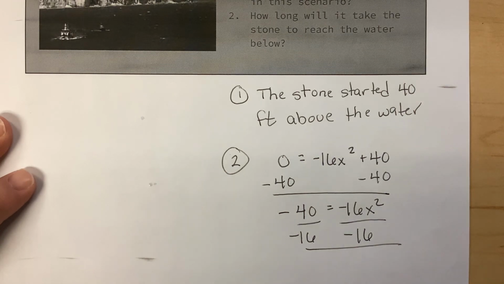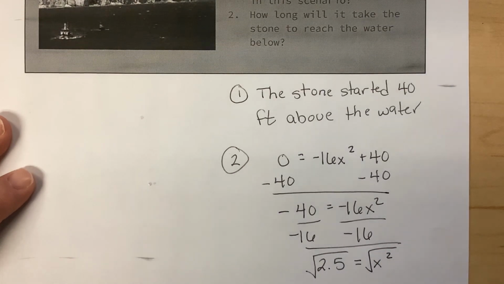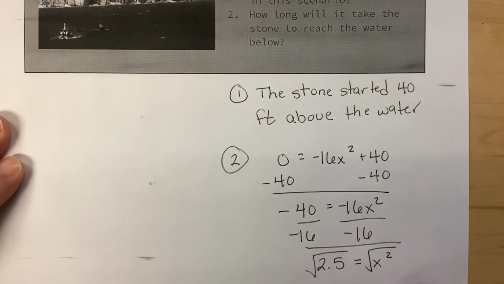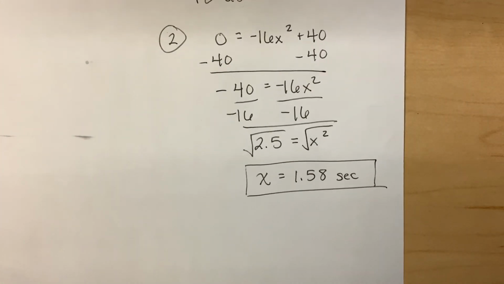That's going to give us 2.5. So 2.5 is x squared. Take the square root of both sides. And we get 1.58 rounded approximately. So x is 1.58 seconds. And again, we don't care about the negative time because that doesn't make sense in this problem.